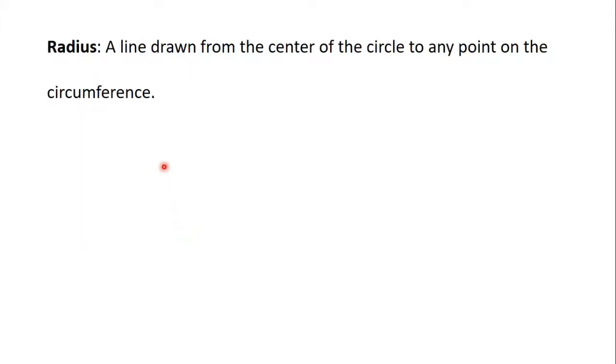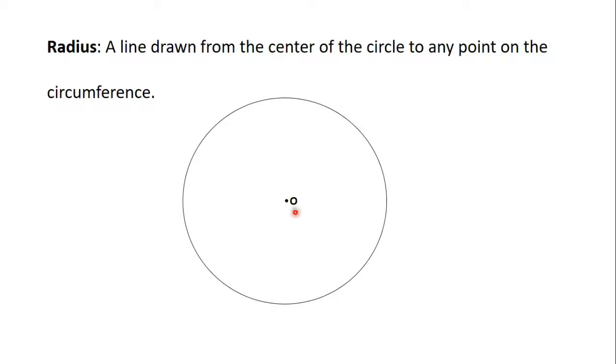The next part of a circle we are going to consider is the radius. A radius is a line drawn from the center of the circle to any point on the circumference. Okay, so let's say that we have the circle here and O is the center of the circle. If we draw a line from O to point A, which is on the circumference, this line is called the radius of the circle.